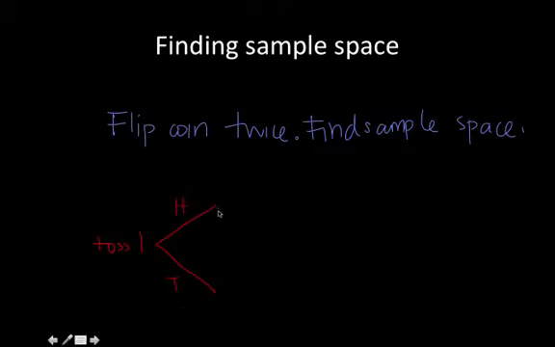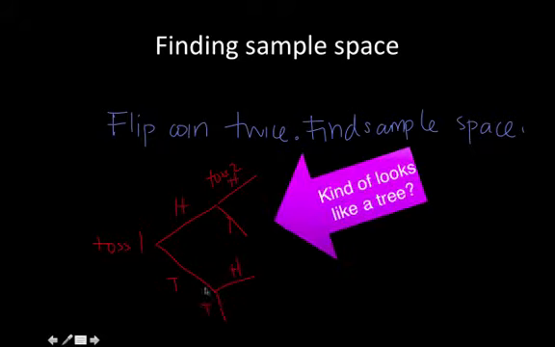And then I'm going to toss that coin again. So from this point, I'm going to have 2 options. I'm going to have a heads or a tails again. Or if I flipped a tails first, I could still get a heads or a tails. And this is how we read a tree diagram. We read along the branches of the tree the different possibilities.